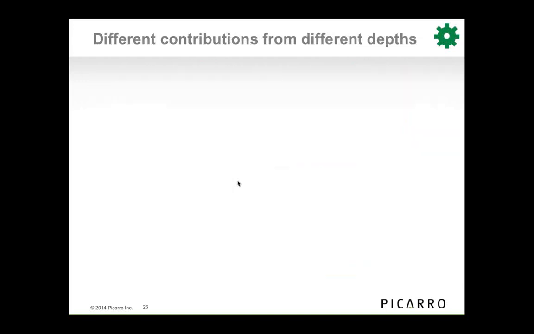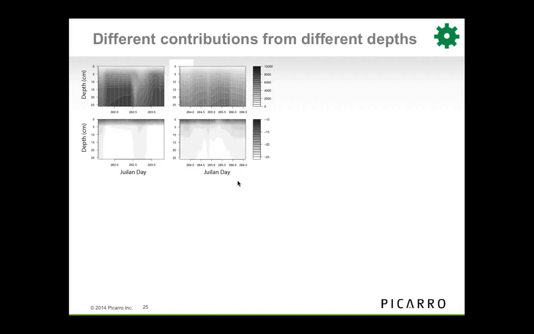So the second study I'm going to talk about is looking at how different depths of the soil can contribute differently to the total soil respiration. You can imagine that if you have more roots at one depth, you would tend to get a more root isotopic signature than where you had more microbes, where you would tend to get more heterotrophic isotopic signature. The way we did this was by burying tubes in the soil.